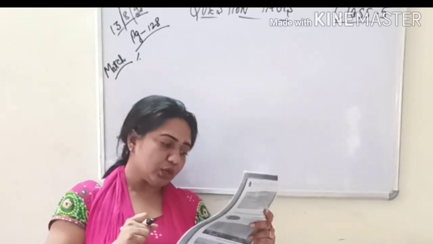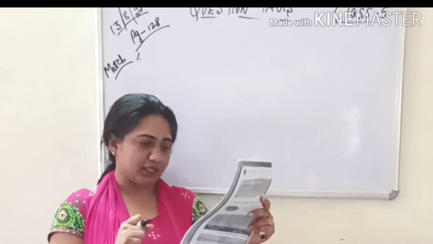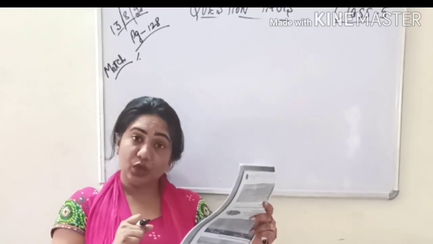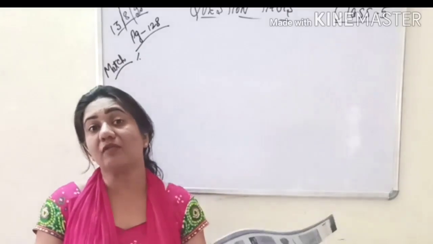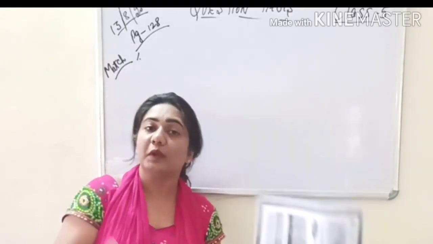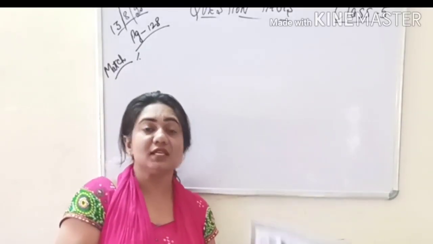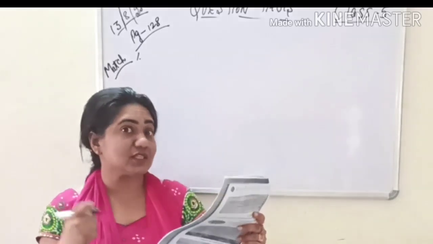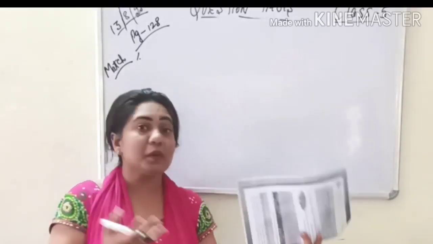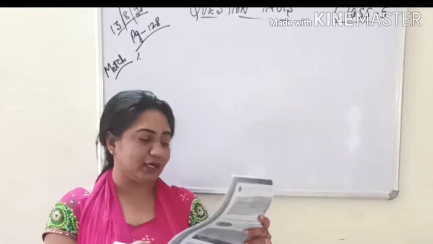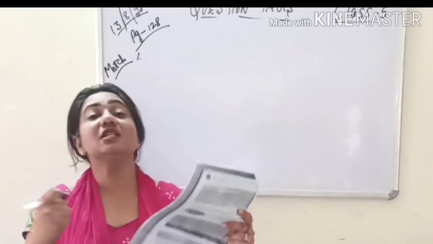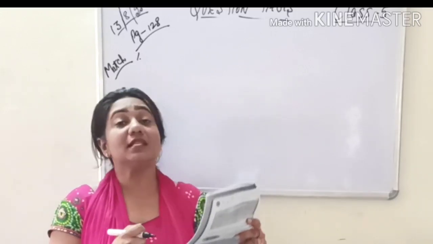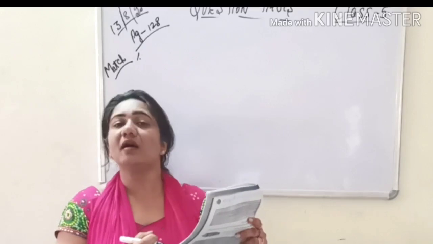Last one, you locked the cupboard. Since we don't have any helping verb here, what will we use? Do, does, did. And check the tense. It is locked, so it is past. So we will use did. Didn't you. So the C part is your answer number 10.